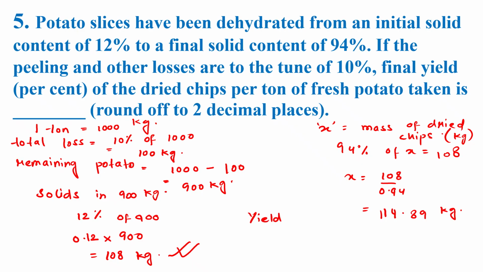So yield percent, it will be calculated by the mass of the dried chips and the initial mass of the fresh potato. So 114.89 by initial mass was my 1000 kg into 100 percent.